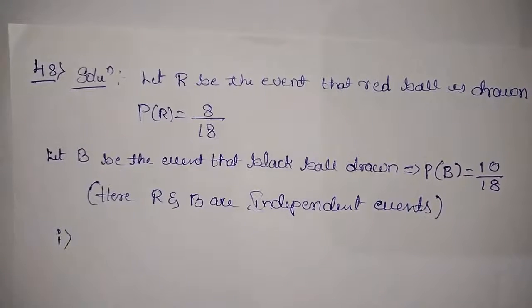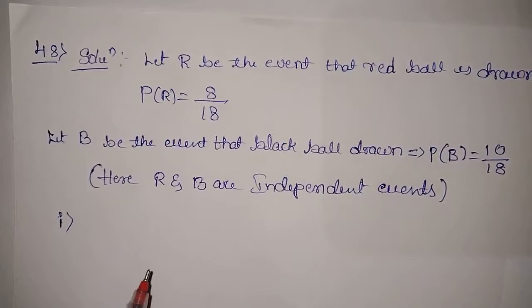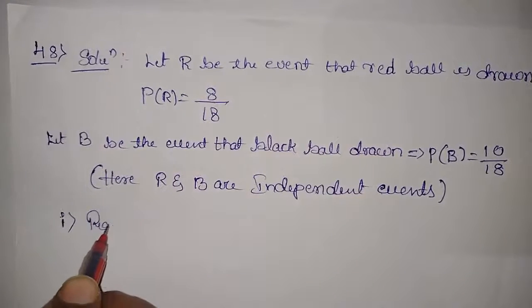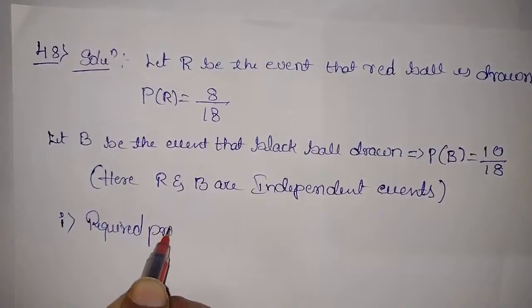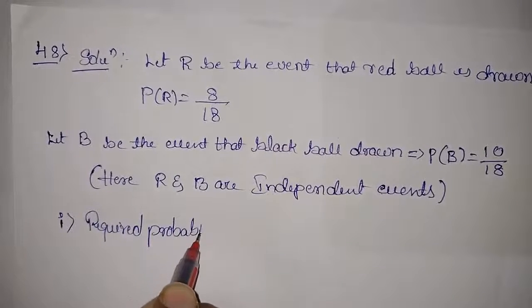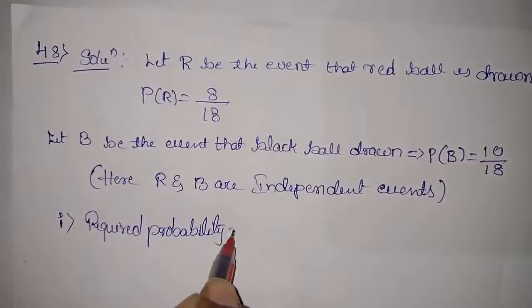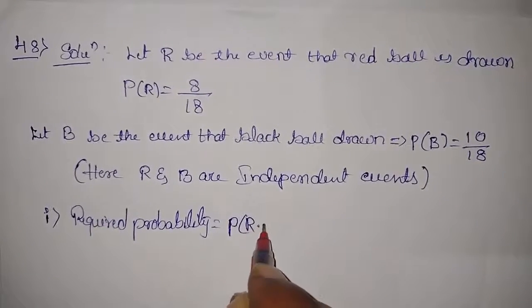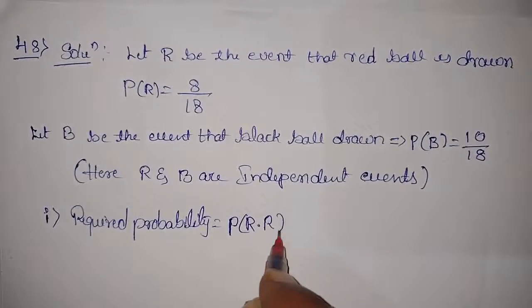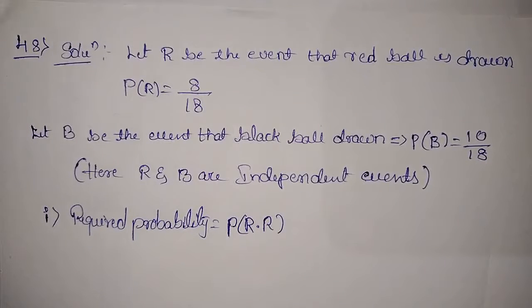Then the required probability, RP stands for required probability, for the first one is equal to P of R, R, because both balls are red.